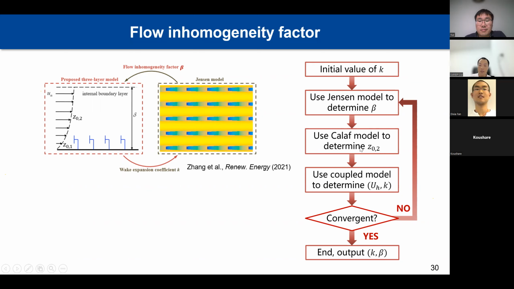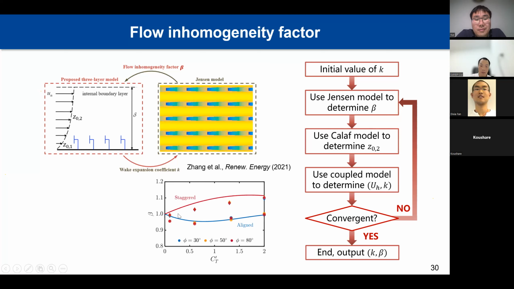Then we can use the coupled model to update the value of the wake expansion coefficient K. Then we judge whether this iteration is converged or not. If not, we need to iterate again. And if yes, then we output the wake expansion coefficient and the flow inhomogeneity factor.